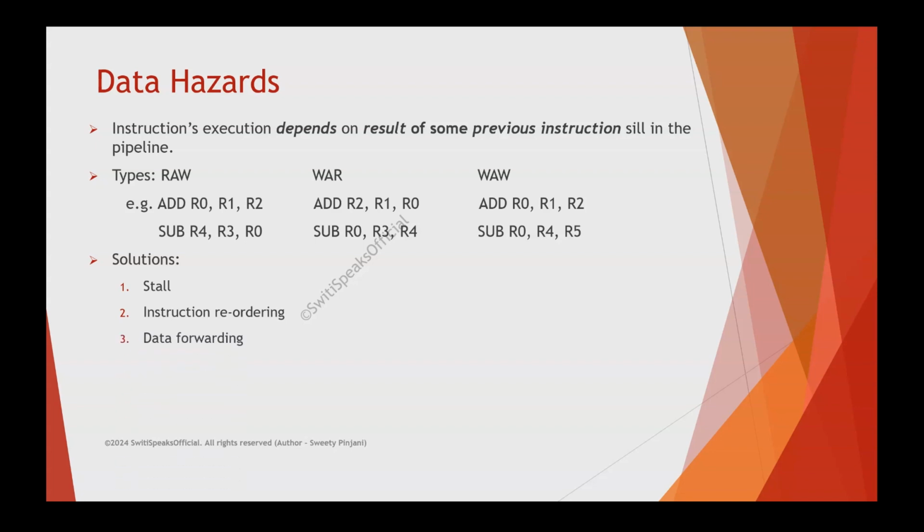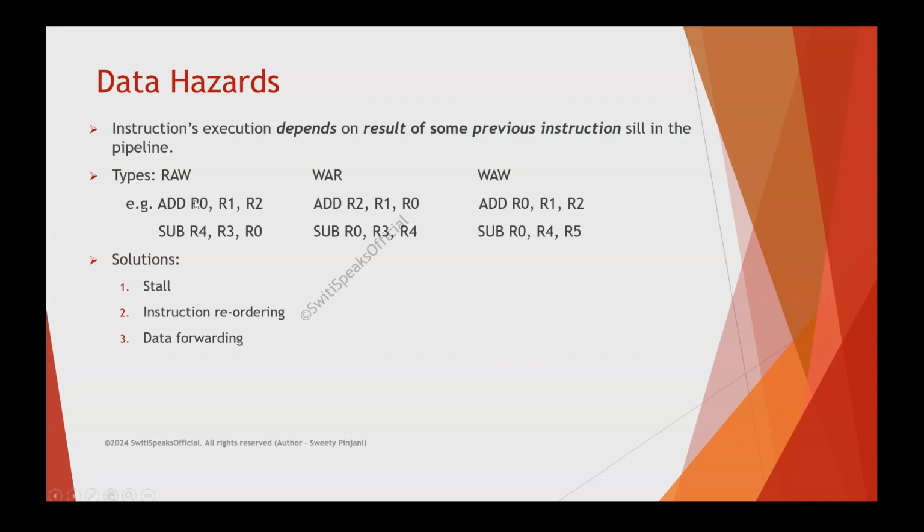The other solution is data forwarding. What does it mean? We will see this example. Here you are writing a value to R0. Now you know the result of R0 in execute itself. It's not written back to the register R0, but you know the result.